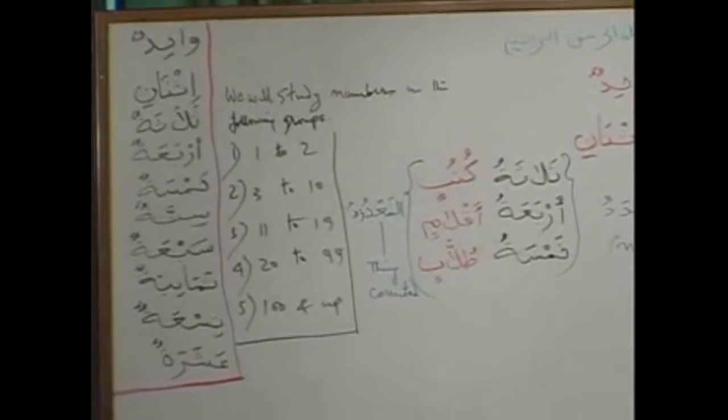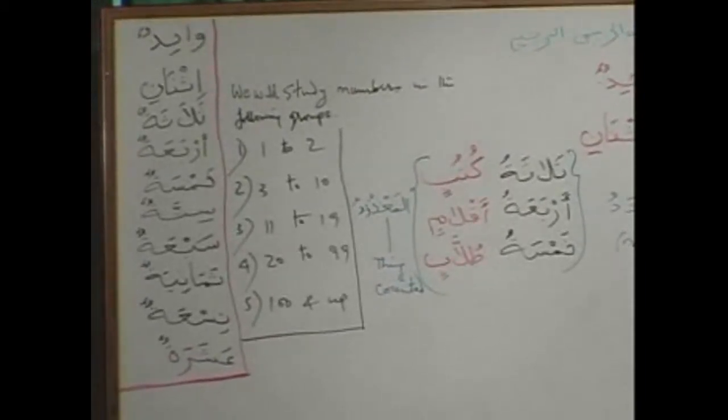Ready, brothers and sisters? Wahid, ithnani, salasa, arba'a, khamsa, sitta, sab'a, thamaniya, tis'a, ashara. Okay? One more time.